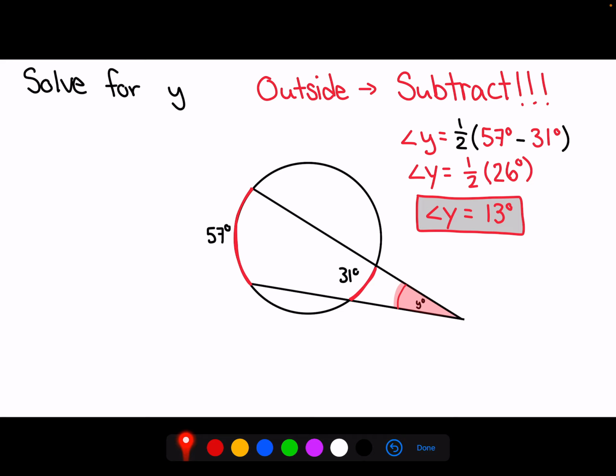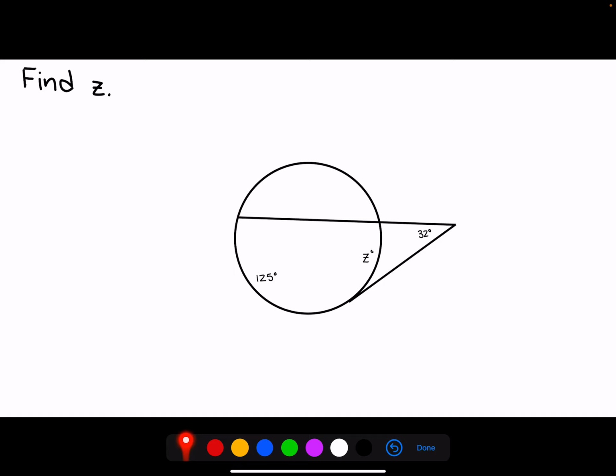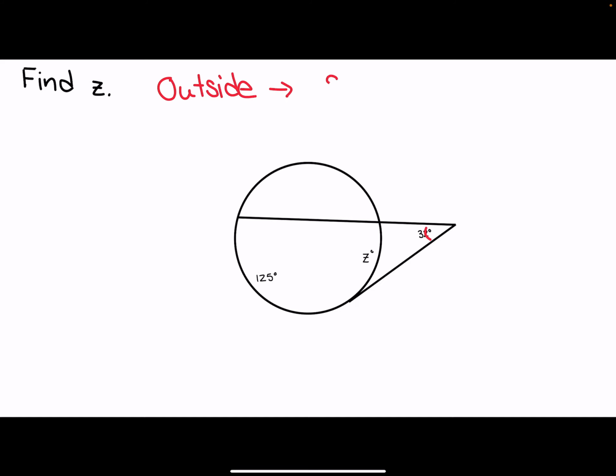Next up, we're going to increase the difficulty just slightly in these last couple problems. So the first one, we're going to find z. Well, if I look at z, z is an arc. So I'm finding an arc here. Now, what's different about this? Nothing. We're just going to set it up slightly differently from the previous one that we were just doing. So to work on this problem, we're going to locate where our angle is. Our angle is outside. Outside means subtract.